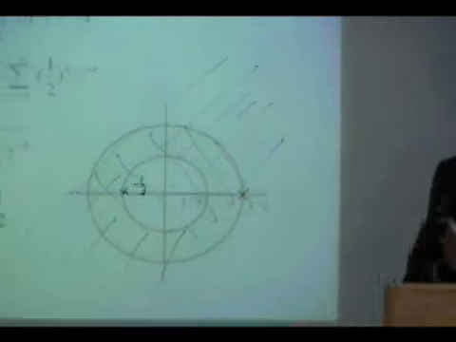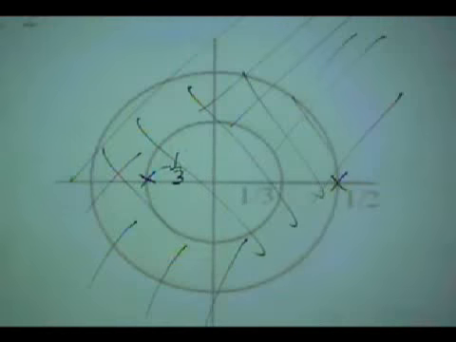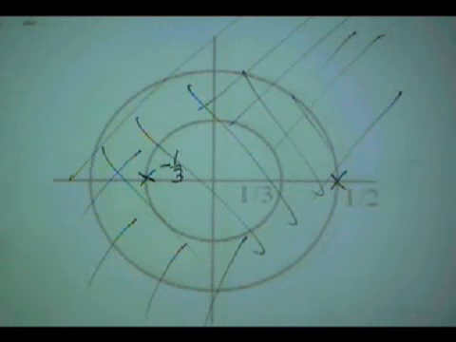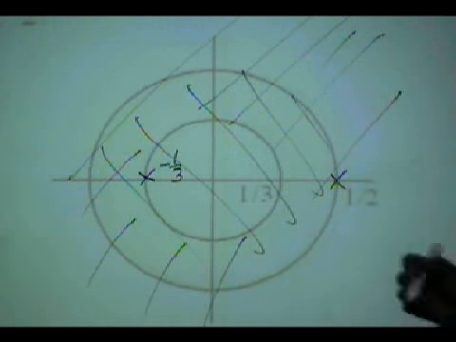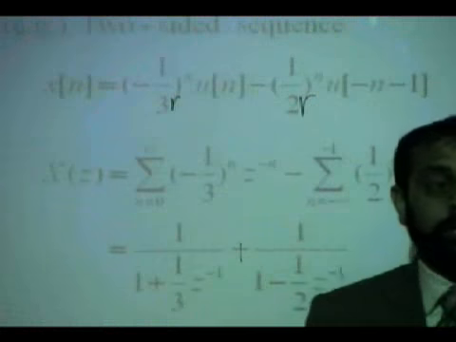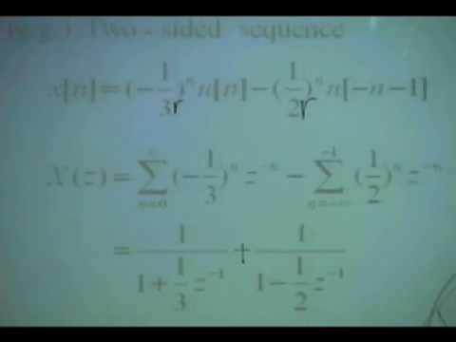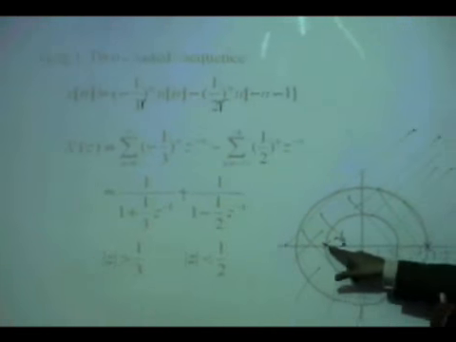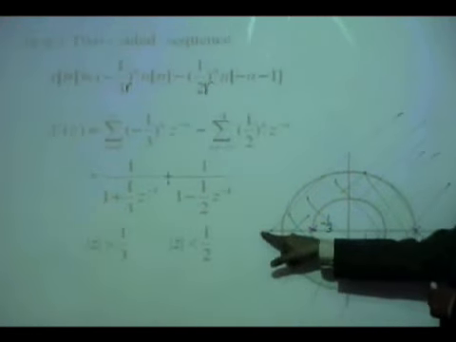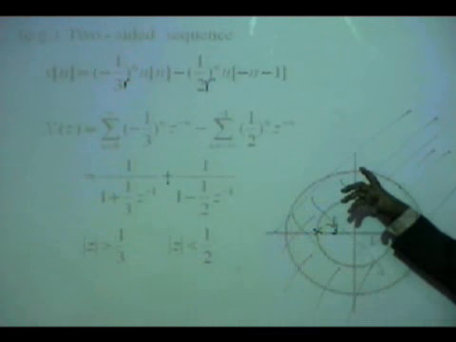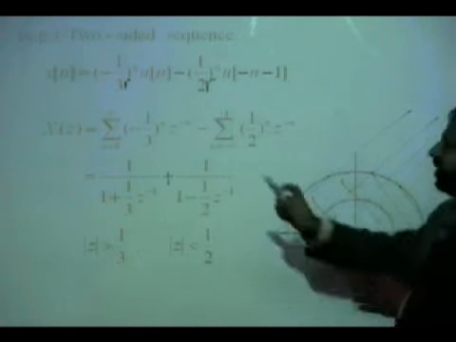One value of R needs to satisfy both, because we have an R while computing each transform. I want to find a value of R which makes both converge. If I take a value of R greater than 1 over 3, let's say 1, it will definitely converge this one.